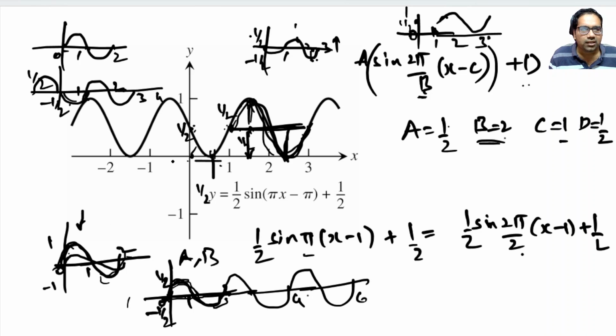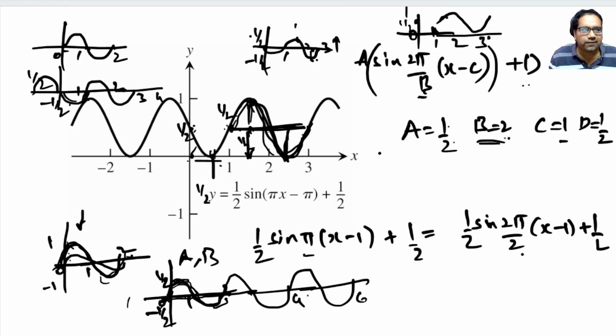Okay, that's where we started. We started with the normal sine curve. Then we applied B. B means time period. So the normal sine curve we adjusted to the period, that is 0 to 2. Then we applied half, which means it is compressed. We applied B first, then A second.